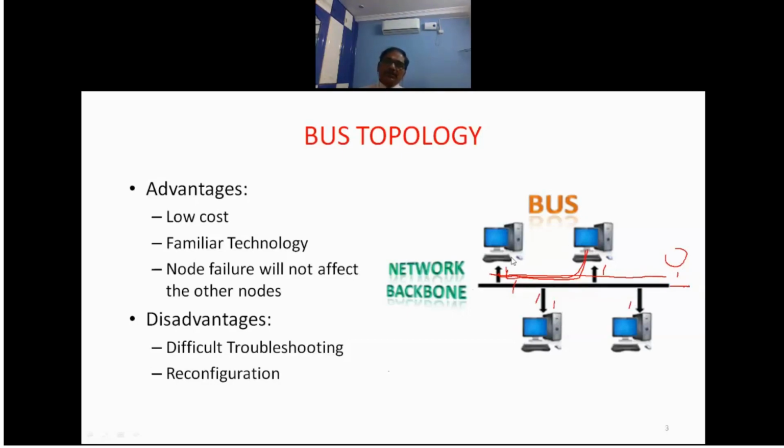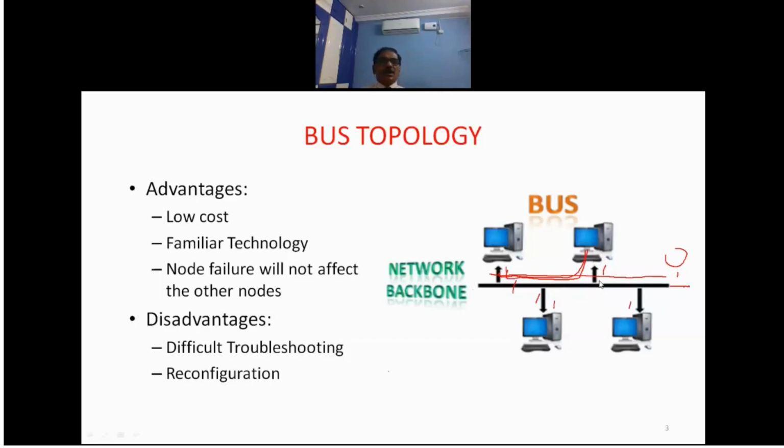And if you see the advantages of the bus topology, low cost, because we can avoid unnecessary additional devices like a repeater and hub. A hub is not needed in this particular case. A repeater, if the size of the network is large, then you may need a repeater. But otherwise, the repeater is not needed.